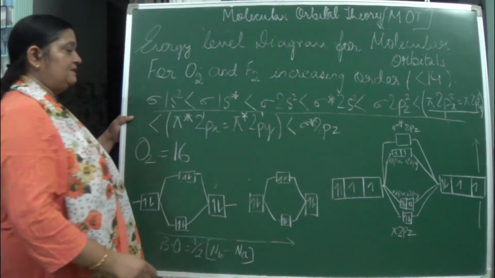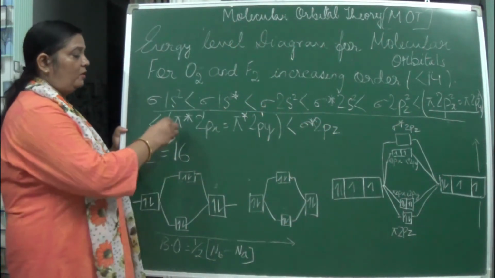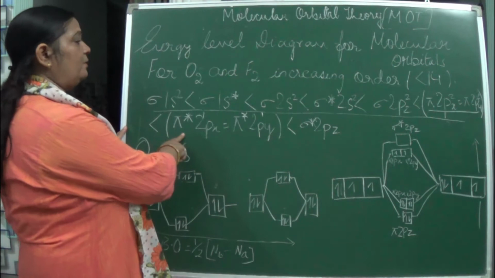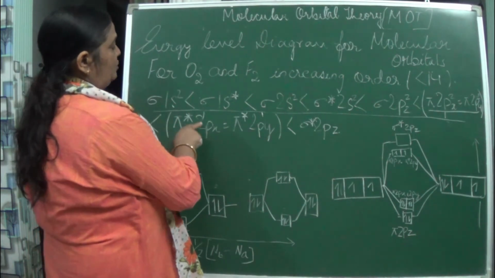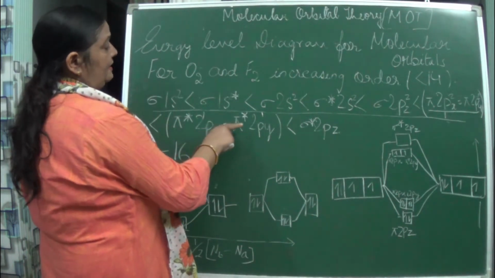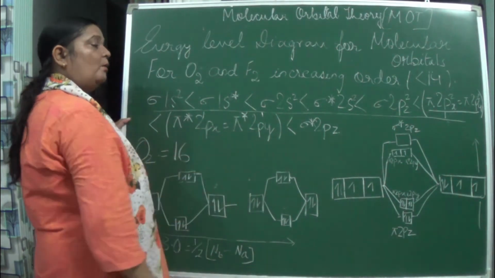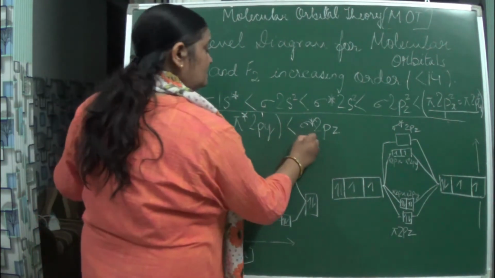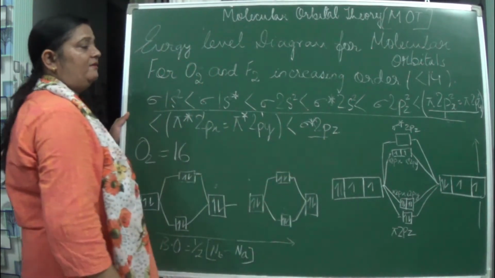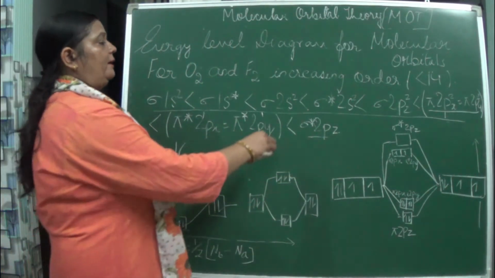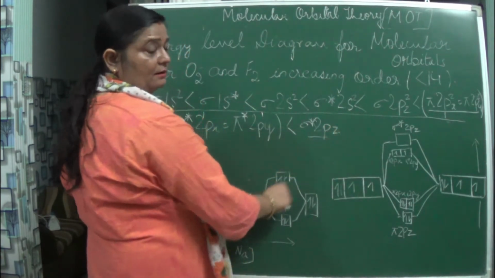Then we see the greater energy level of the anti-bonding orbitals: pi asterisk 2px, whose energy is equal to the anti-bonding 2py, and at last the energy level of anti-bonding 2pz is the most.